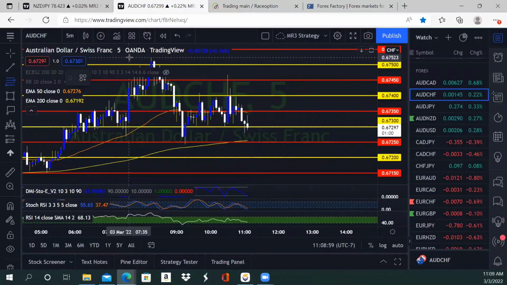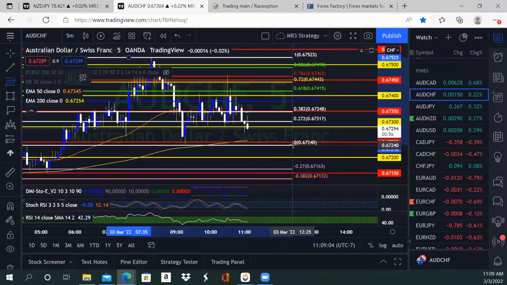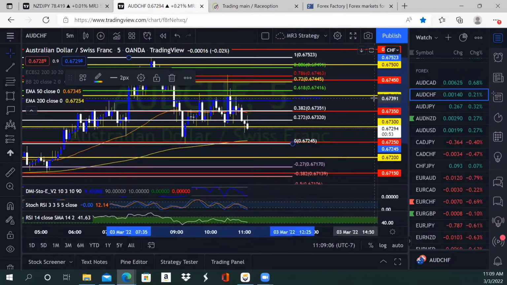Not to mention, we have major world news almost every day, so we're not seeing price behave in a normal fashion. We're seeing a lot of spikes, a lot of major movements. So, yeah, we'll see what we find here.